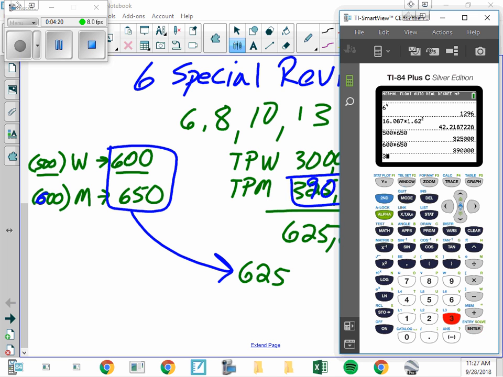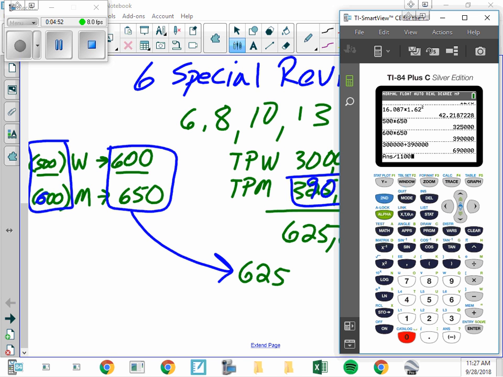So I take 300,000 and I add to that 390,000, and I get that, and I divide it by 1,100 because my new total is 1,100. So divide that by 1,100, and how is this number going to compare to 625?